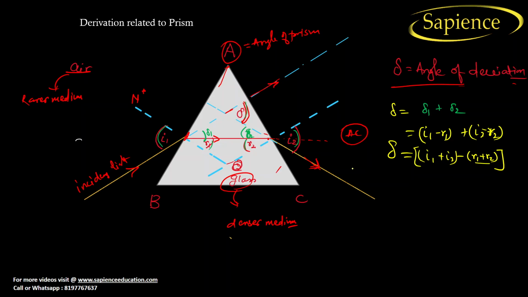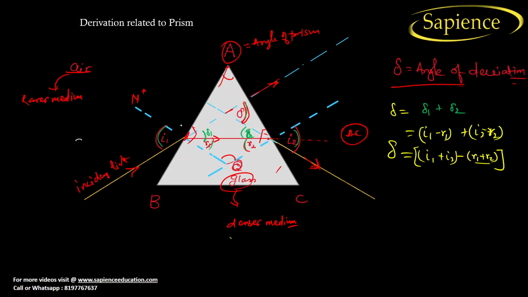Now what is R1 plus R2? We should understand that this angle is 90 degrees, this angle is 90 degrees, 90 plus 90 is 180 degrees.